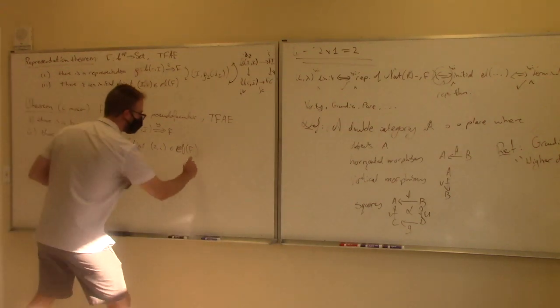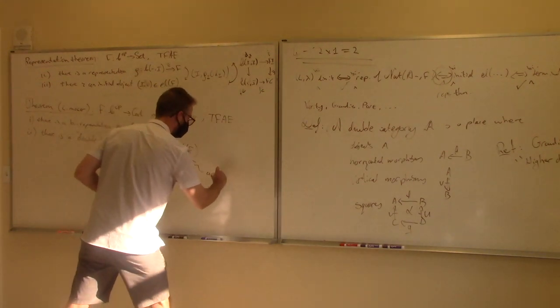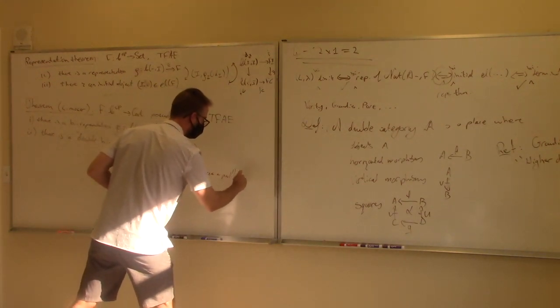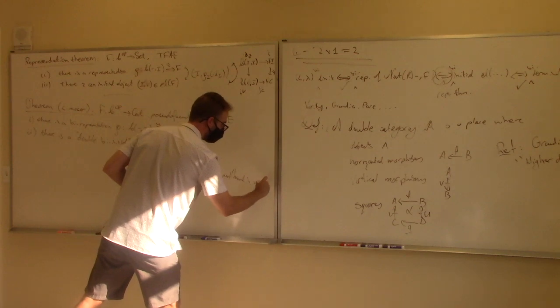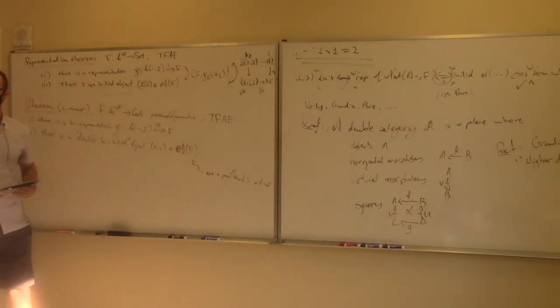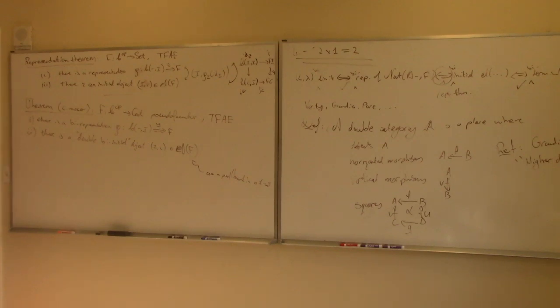I want to say that this is defined as a pullback in the one category. So it's not too terrible to understand what this is and work with it, but I'm not going to think too carefully about that.